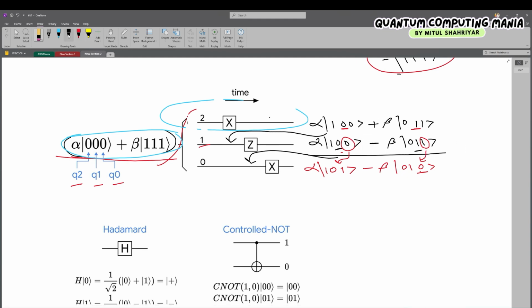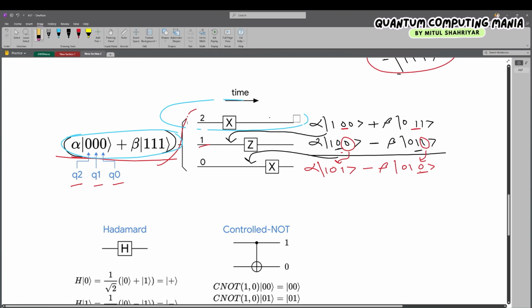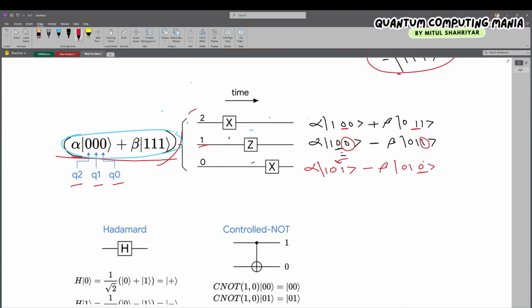And also this is the same thing we saw earlier, right? Remember, if we add this thing, let me remove a few things so that these are pretty much clear to you. Remember, we applied an x gate on qubit 2, so this can be written as x2.